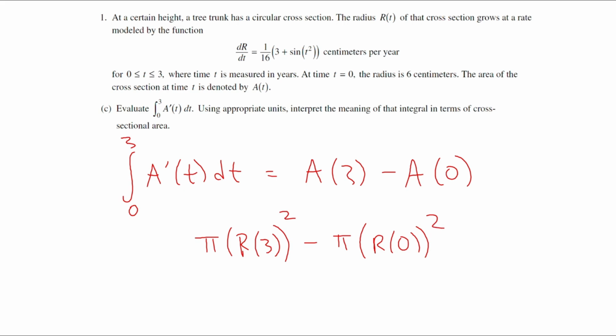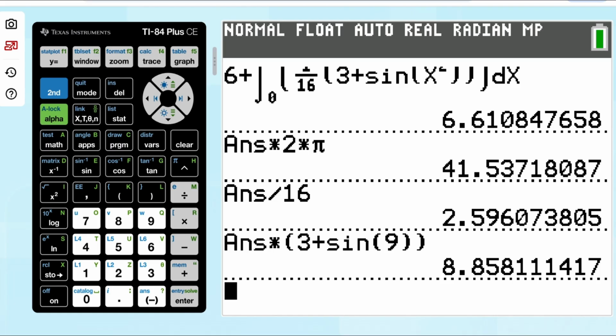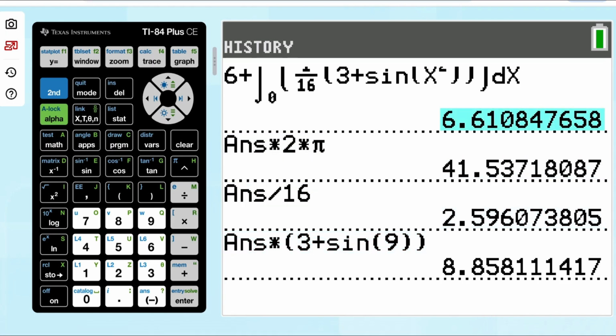And so r of 3 we found in part 1. R of 0, our radius at 0, is 6. So this is just going to be minus 36 pi here. And this will be pi times our r of 3 value squared. We'll put that into our calculator. Our r of 3 value was 6.6108.